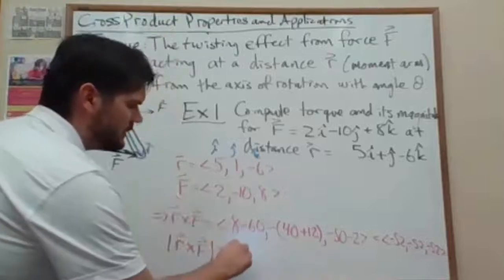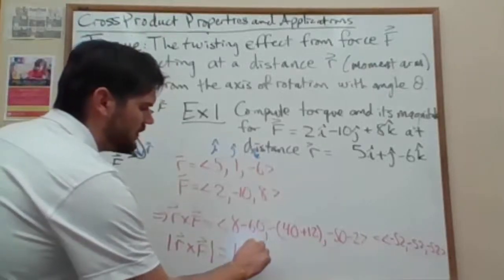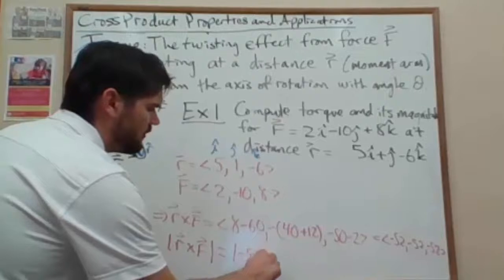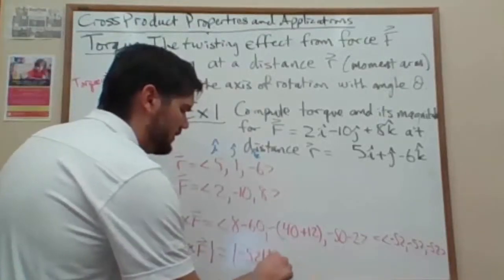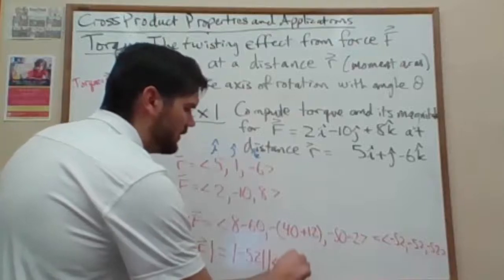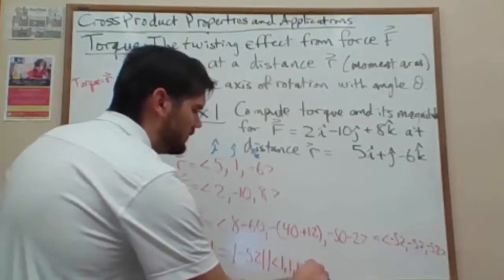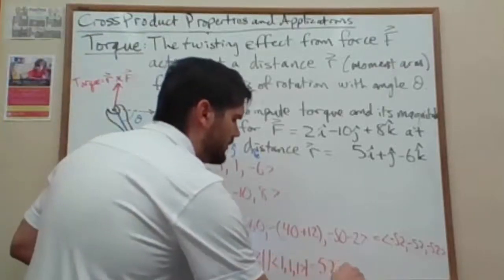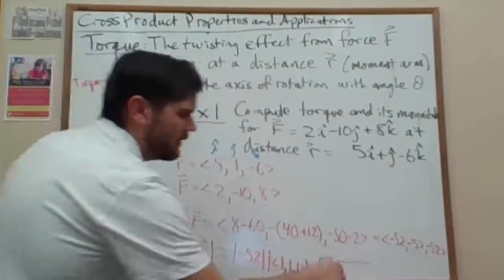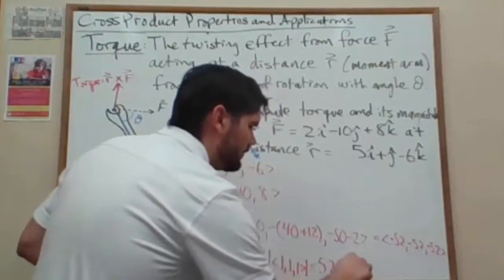I first want to factor out the negative 52 and then take the magnitude of the resulting 1, 1, 1. So I have a positive 52 times the square root of 3.